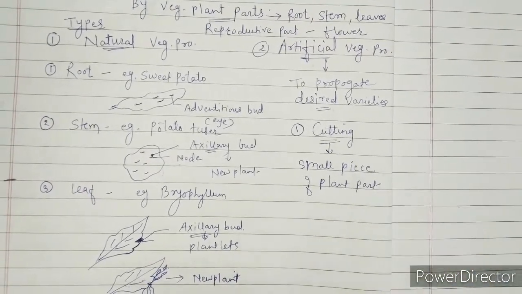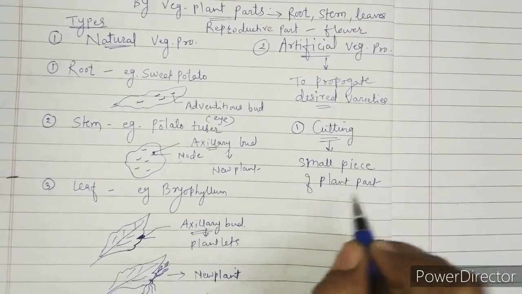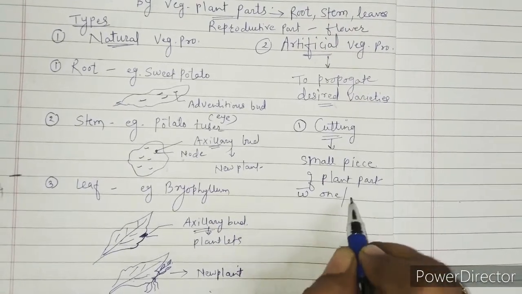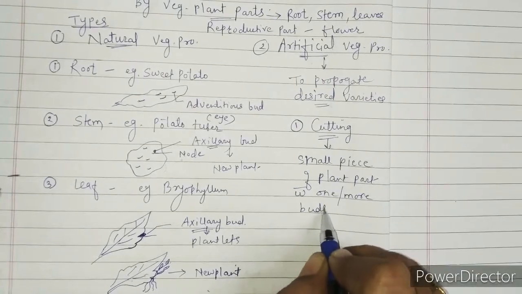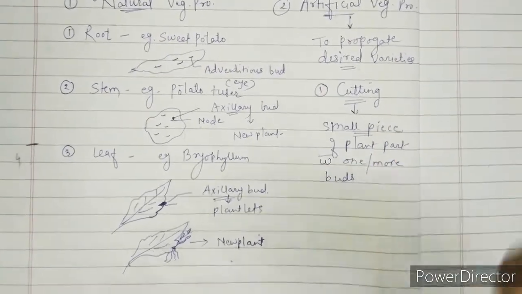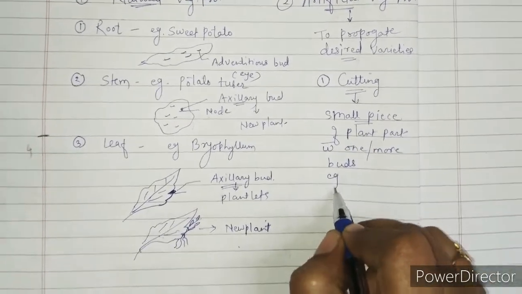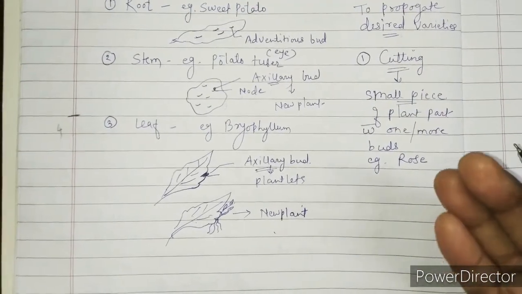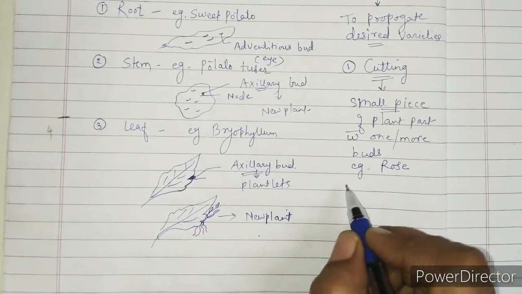It may be of root, it may be of shoot or leaf, etc. And that part must have one or more buds. Now that small piece is called a cutting, and this cutting develops into a new plant. You know the example, suppose rose is there, a small stem. Stem cutting is generally used to propagate the plant.